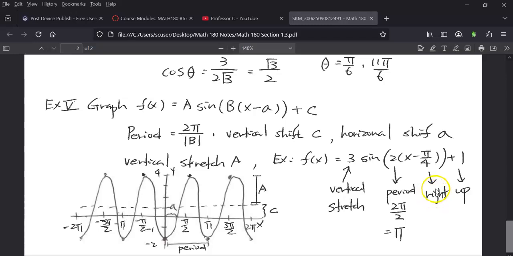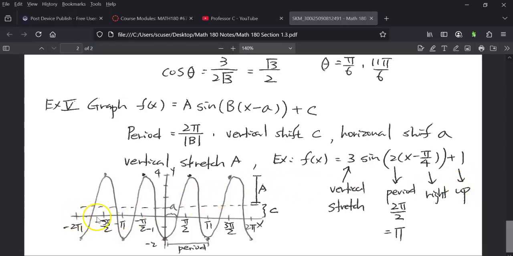So you have a horizontal shift to the right of pi over 4. The period is 2 pi over 2, so it's now pi. So your sine period becomes pi instead of 2 pi. Then the last one, this 3 right here, is a vertical stretch. Instead of going from 1 to negative 1, it's going to multiply it by 3. But remember, we have the shifting of 1.